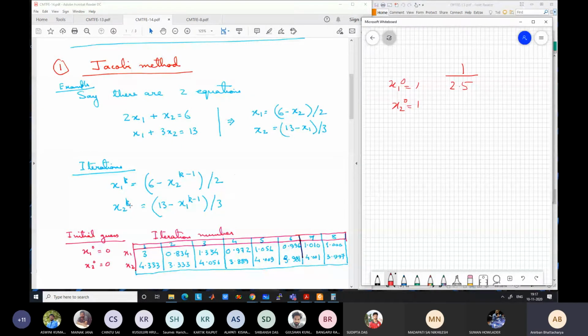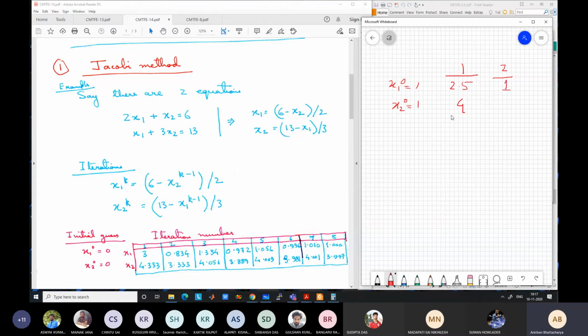If x2 is equal to 1, while calculating x2, 13 minus 1 by 3. So this is 4. Similarly, the next iteration value of x1 will be 6 minus 4 by 2. Because this new value is 4, 6 minus 4 by 2 is 1 only.